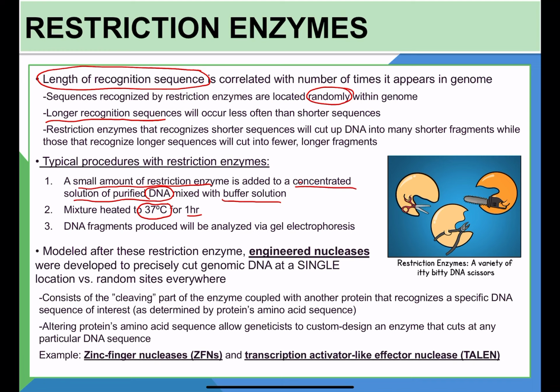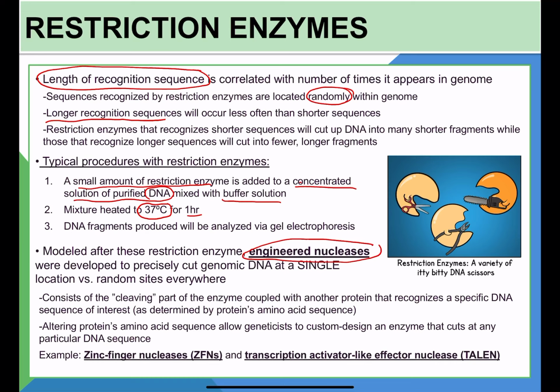What if we wanted to cut just at one particular area in the genome, or two particular areas in the genome, so that we have the exact DNA fragment we want, but not a random bunch of small pieces of DNA fragments? So these man-made enzymes are called engineered nucleases.